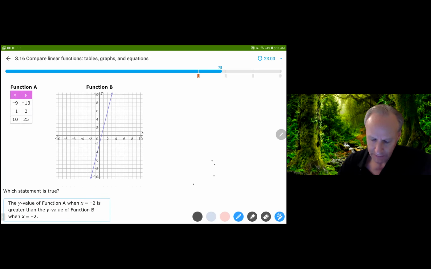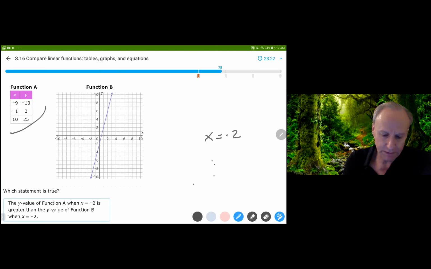The y value when x is equal to -2, I want to compare the y value at -2. Now, I know I showed you some shortcuts before, but I'm going to show you the super shortcut now. We're interested in what happens at x equals -2. And I want you to think about this for a second.